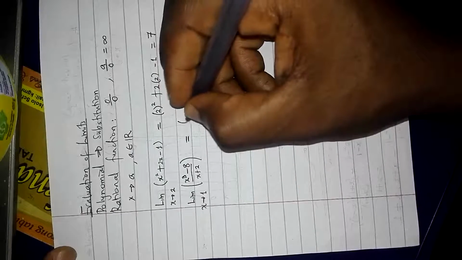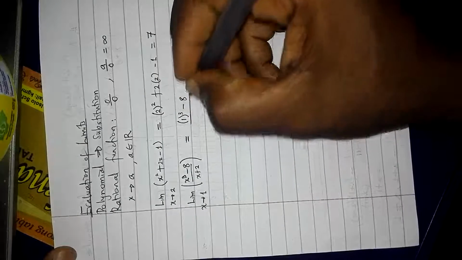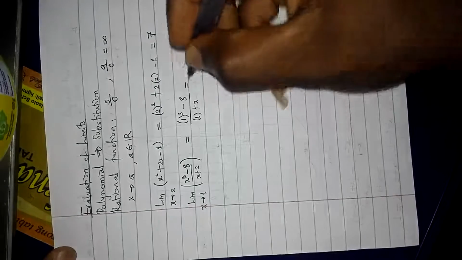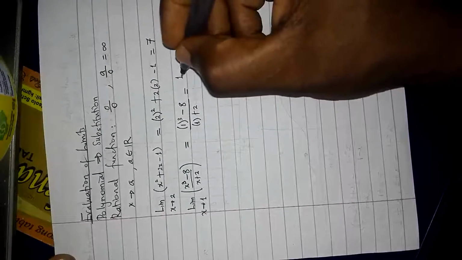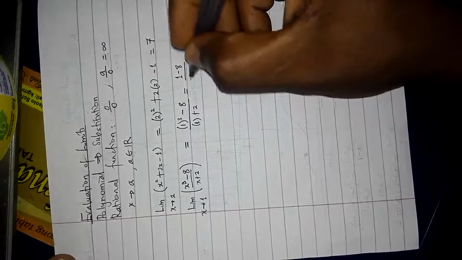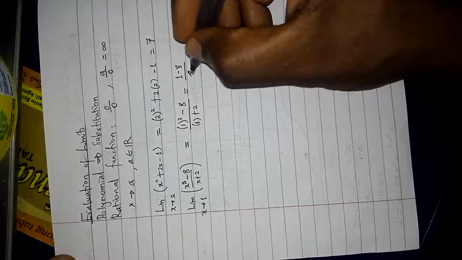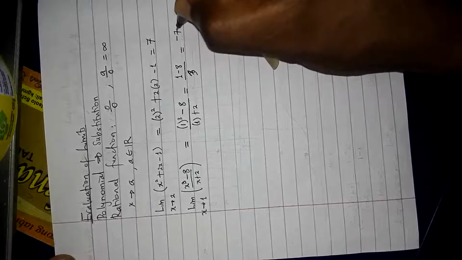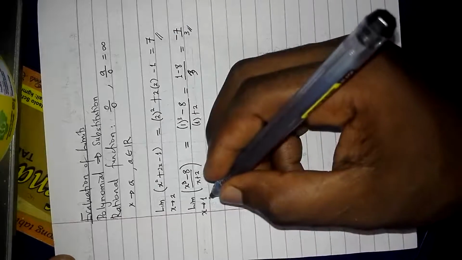You're going to have 1 raised to power 3 minus 8 all over 1 plus 2. So this is 1 raised to power 3 is 1, minus 8, divided by 1 plus 2, which is 3. So you have 1 minus 8, which is minus 7 over 3. And that is the limit of this function as x approaches 1.